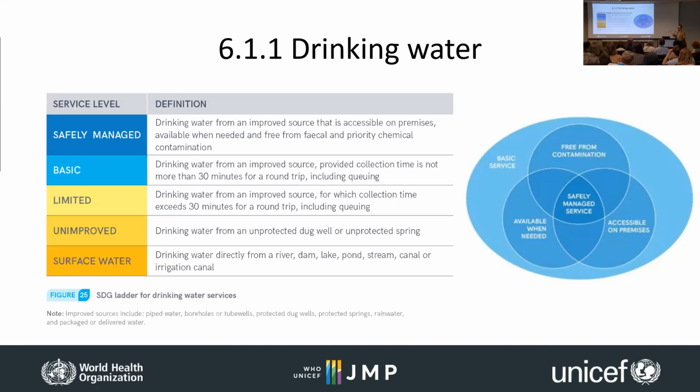So this is a composite indicator. It's got a lot built into it. It's got at least 4, probably more, sub-indicators that go into defining that highest level of the SDG water services ladder. And then we have basic services, limited, unimproved, and surface water. But the thing about the safely managed is you need to have all 3 of those elements.